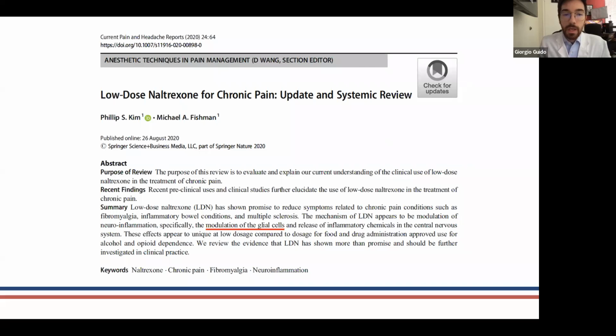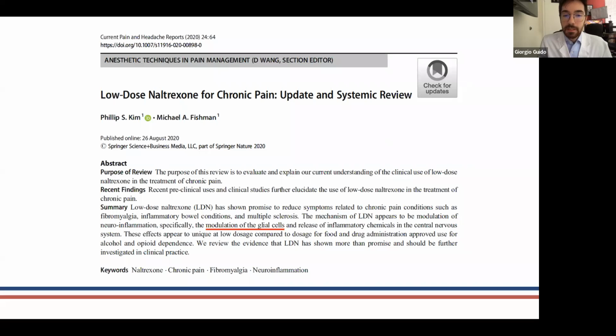The way low-dose naltrexone works is that at high doses, it works the way we know it. But at low dose, it has a paradoxical effect, and mainly works by modulation of the glial cells. So it works basically on the inflammation. It has been shown that it also has an effect on the opioid receptors, so it can help with the pain, and indeed it has worked in some patients with fibromyalgia.